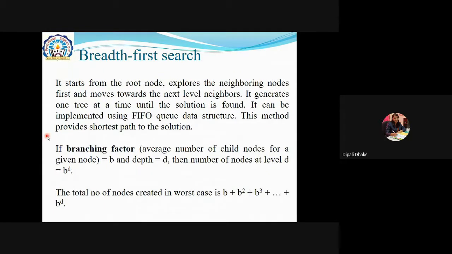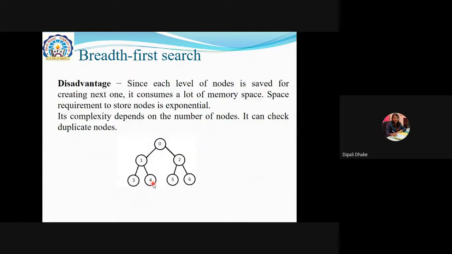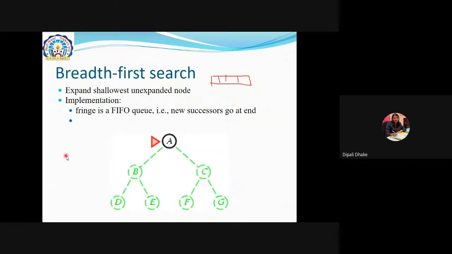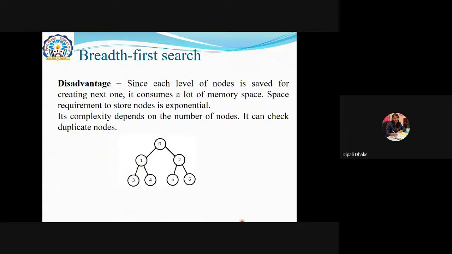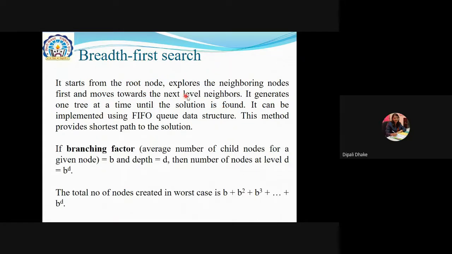What is BFS? It starts from the root node, explores the neighboring nodes first, and moves towards the next level neighbors. So start from the main node, first explore here, then explore here, then move on to the next levels.